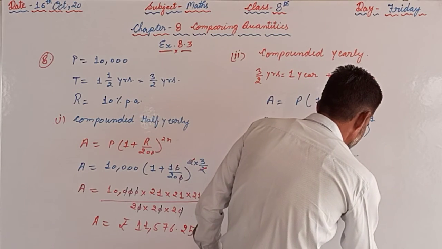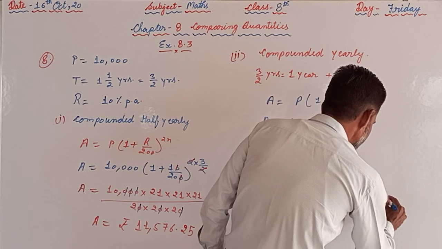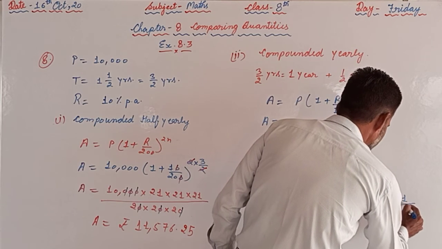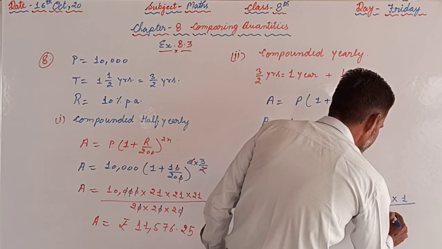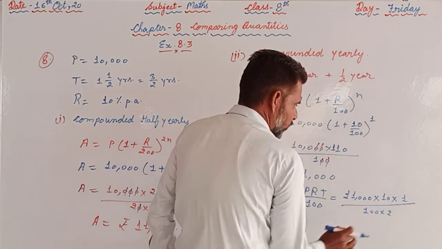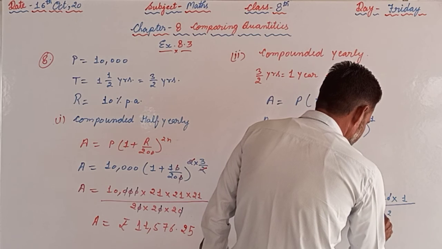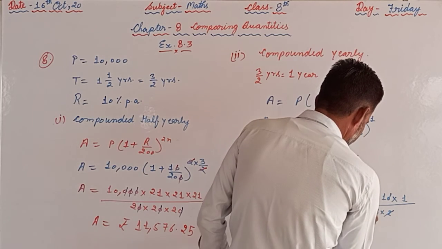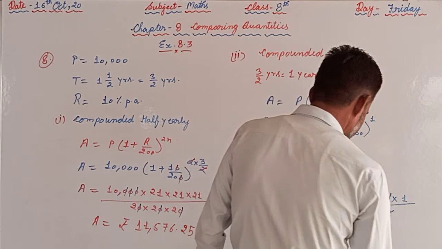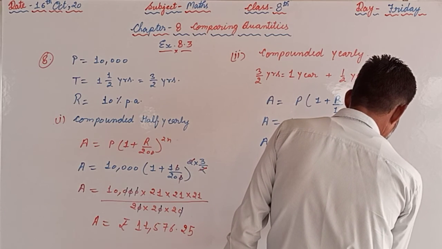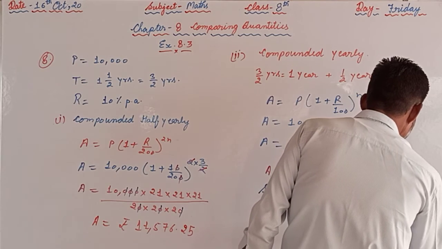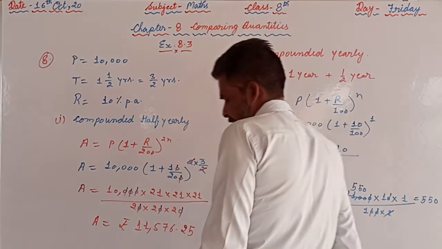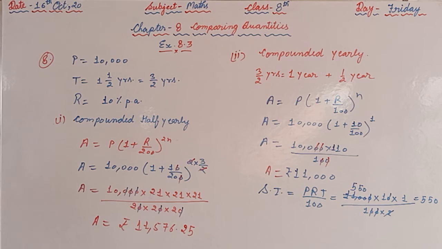So that will be 11,000 into rate, that is 10, into time, that is 1 upon 2, upon 100. 2 zeros will be cancelled out, and that will be 550.